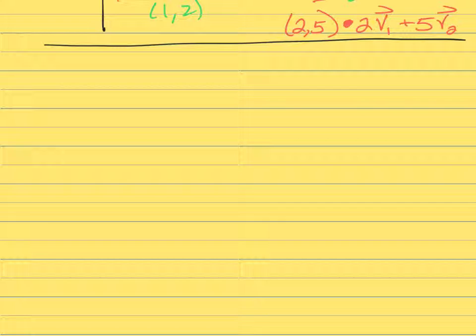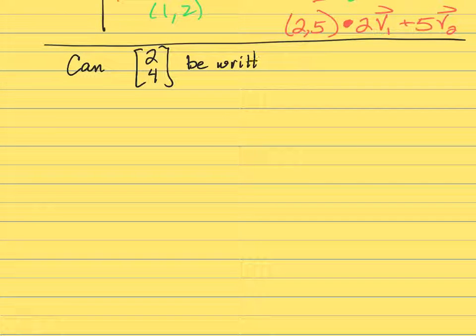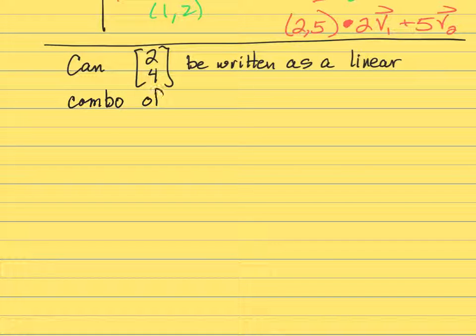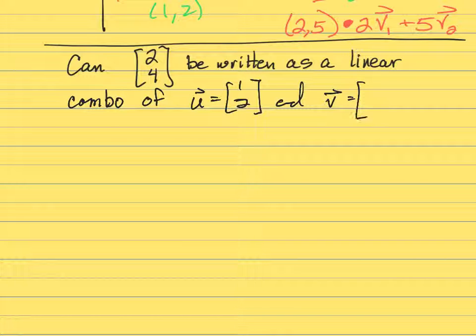The question would look something like this: can 2, 4 be written as a linear combination of, we'll call them U to make it easier, which is that vector, and V, which is this vector?